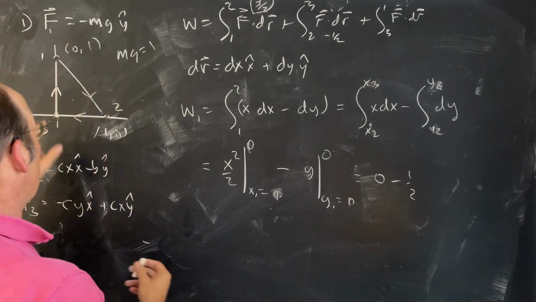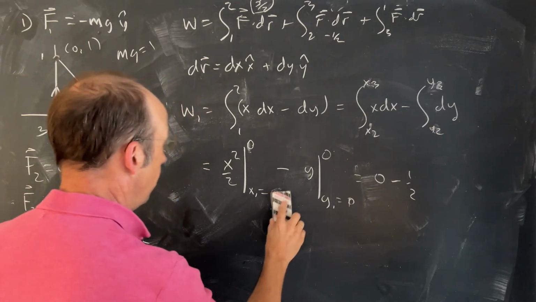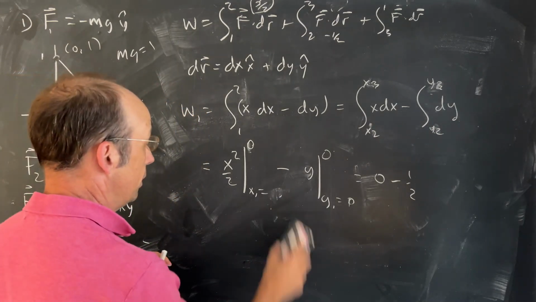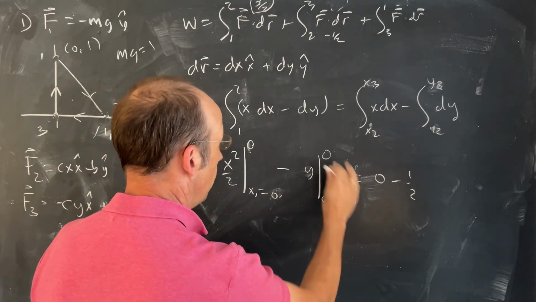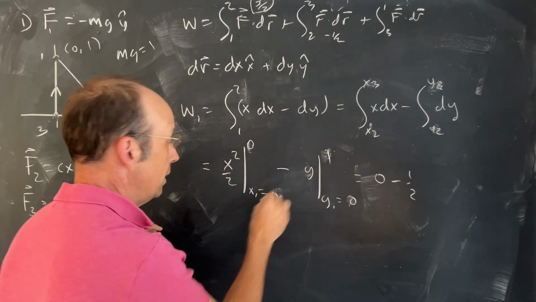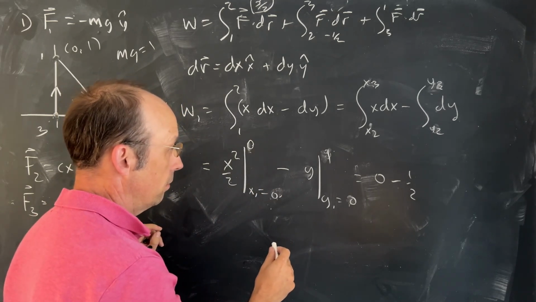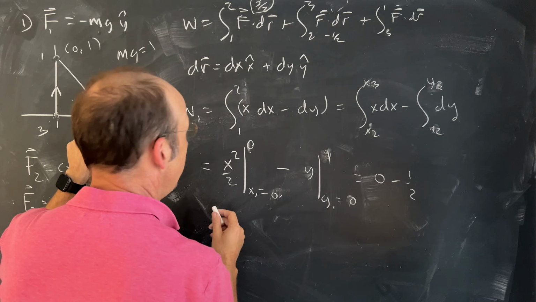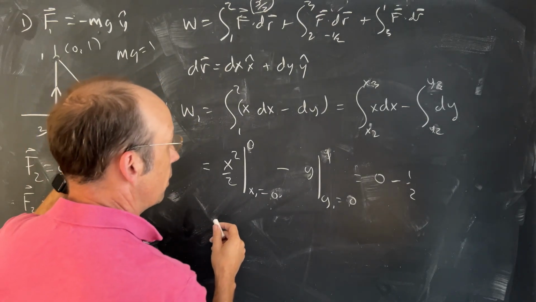And then finally, the last integral, I'm going from 3 to 1. So let's just change these limits right here. Here, x goes from 0 to 0, and here, y goes from 0 to 1. So this evaluation is going to be 0. Did I get 0 before? No, that's right.